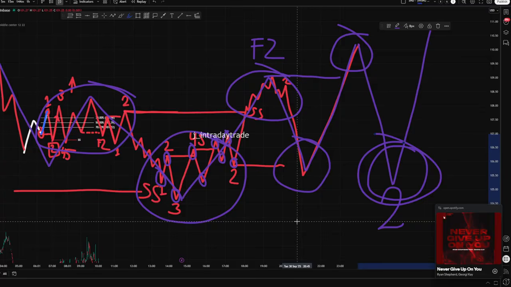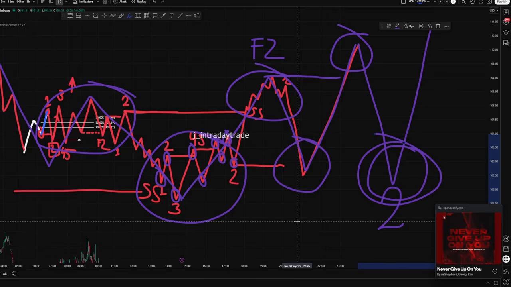What you have right in front of you now, and this is what we're going to talk about in the future, is what we call the multi-time frame sequence. Somebody said you see more sequences now.